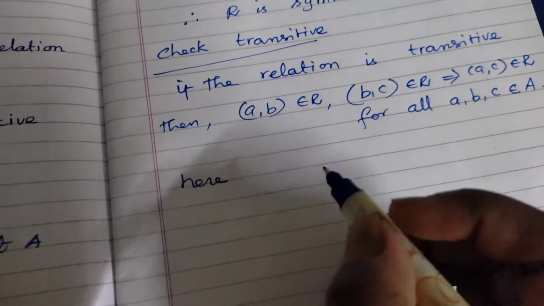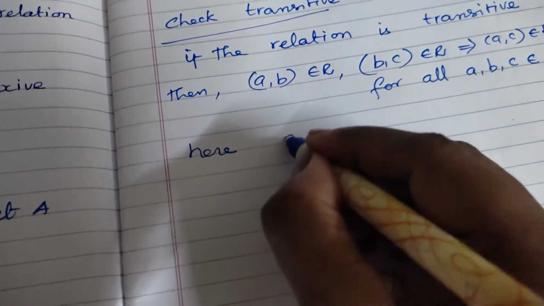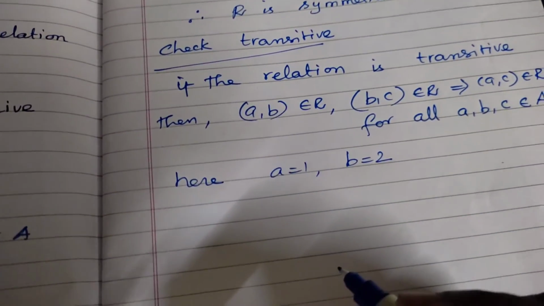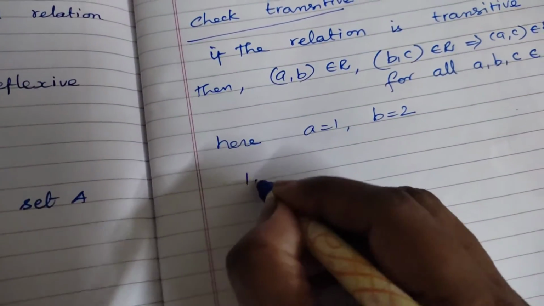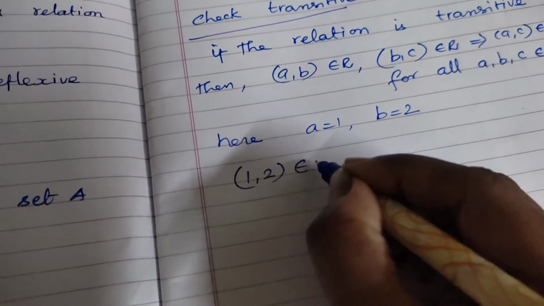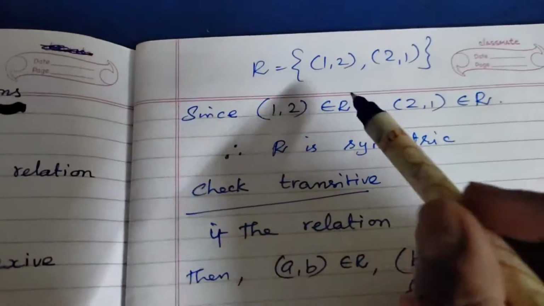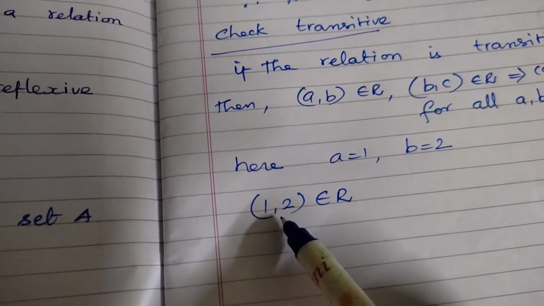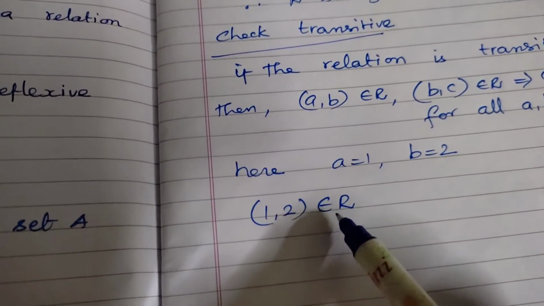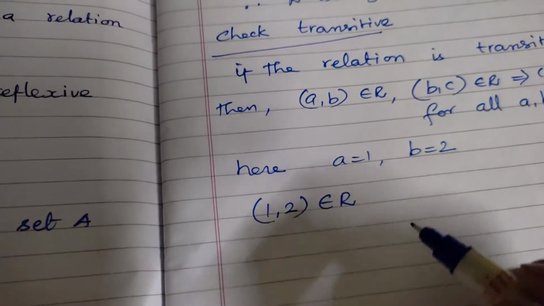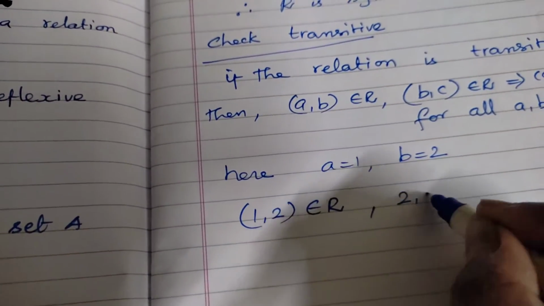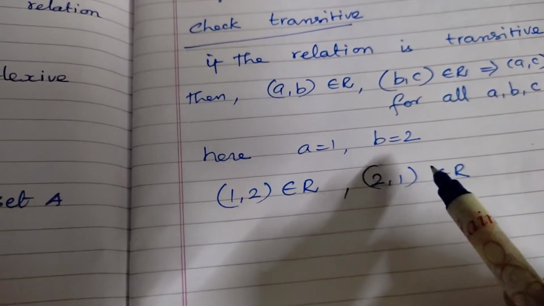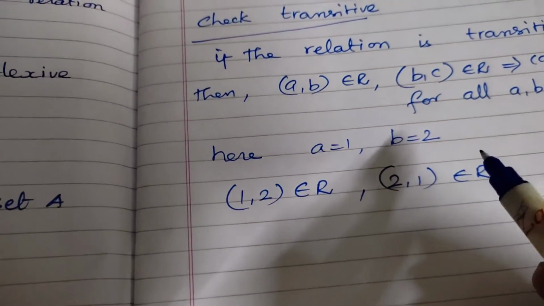Here we have a equal to 1, b equal to 2, that means (1, 2) belongs to R. Then we have (2, 1) also belongs to R. This pair also belongs to the given relation.